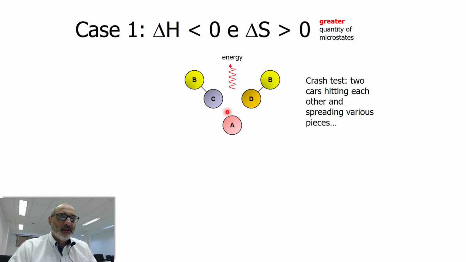For instance, like this, you have B reacting with C, or connecting with C, B connecting with D, and you have a single molecule or single atom. And you have energy released. You can imagine those crash tests you do with cars.